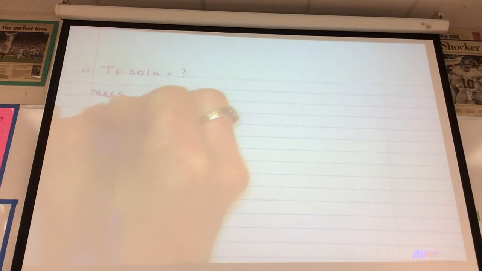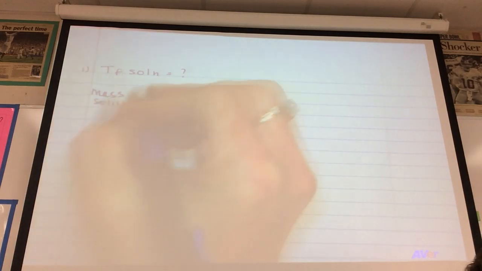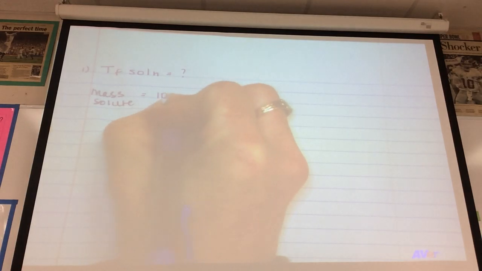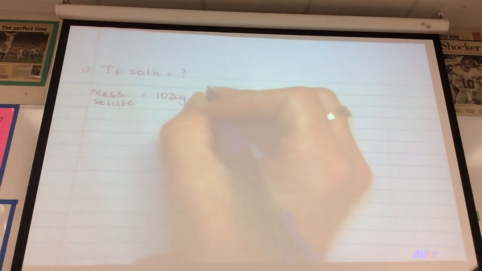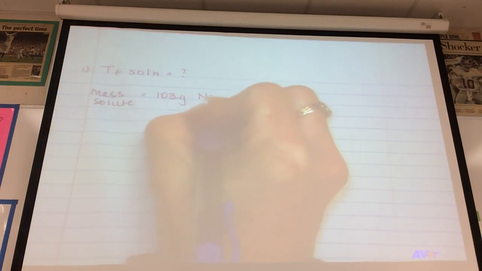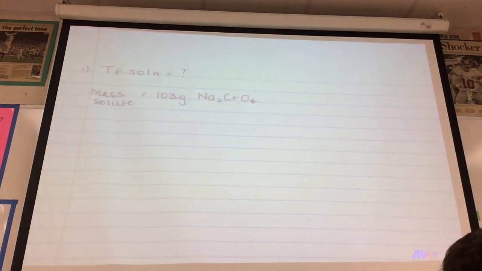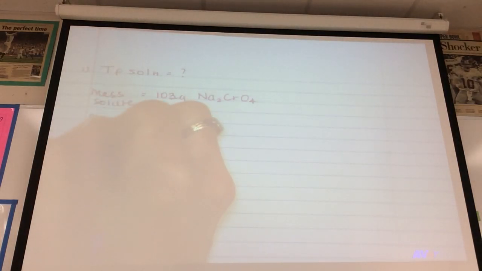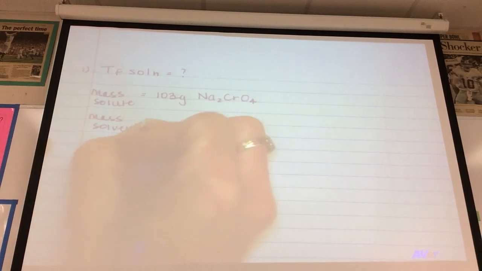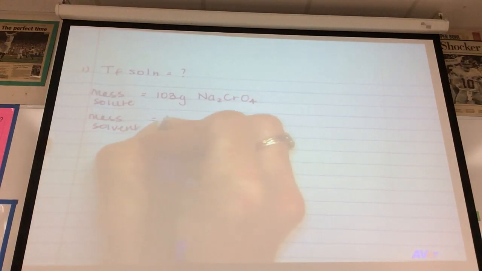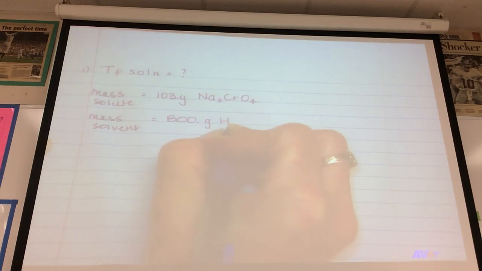The mass of the solute is equal to 103 grams of sodium chromate, the mass of the solvent is 800 grams of water.